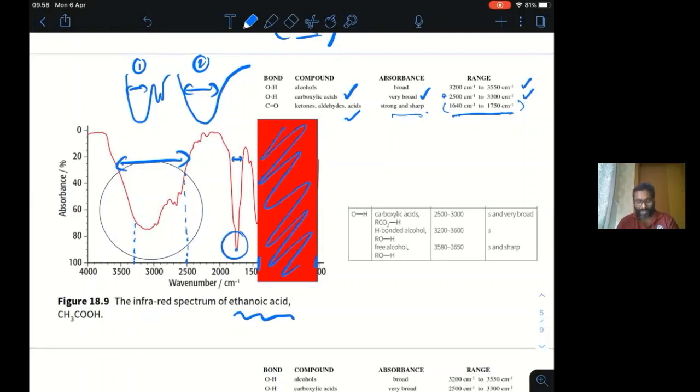It means for carboxylic acid, you will have two indications, this one and this one. But the best way to identify carboxylic acid is this one. Carboxylic acid will also have this, so I will just draw another one like this. So this is one indication, another indication over there.